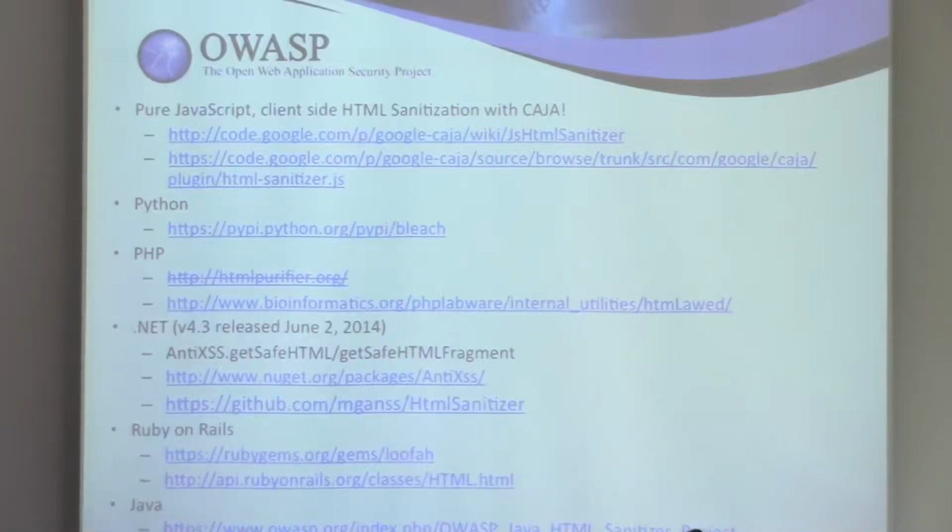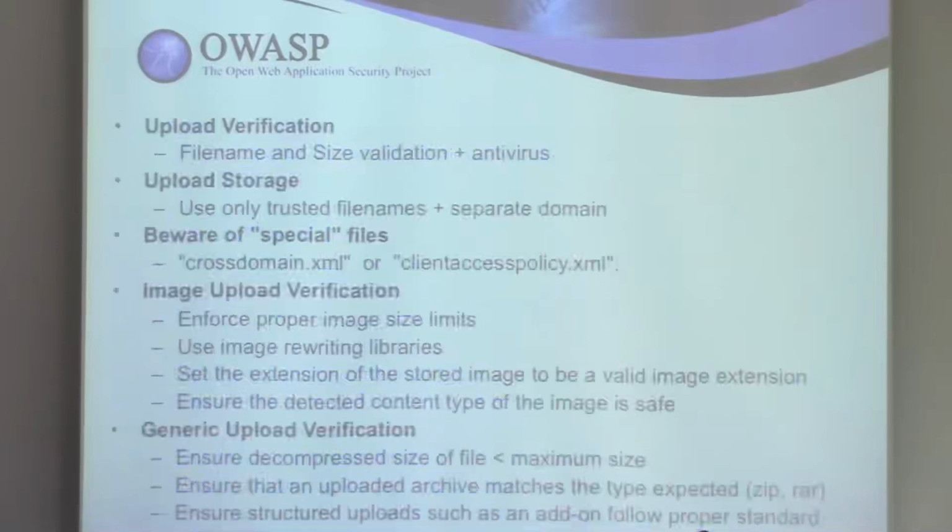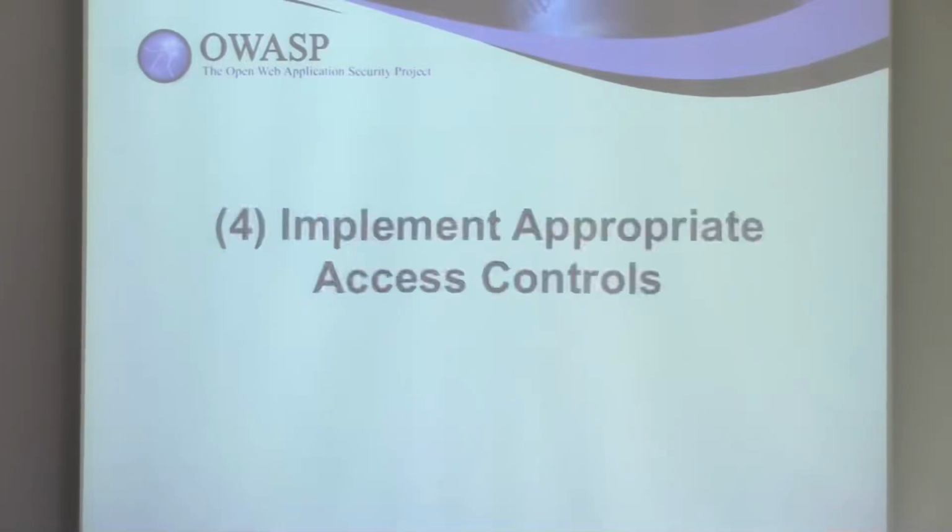PHP has the HTML Purifier project, Python has Bleach. There's Caja from Google. There are plenty of HTML sanitizers out there if you look for them. Another specialized validation is file upload. You have to be careful about storing files properly and doing access control around them. This specialized validation does come up in other contexts.